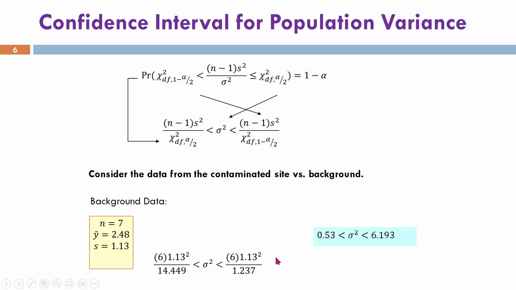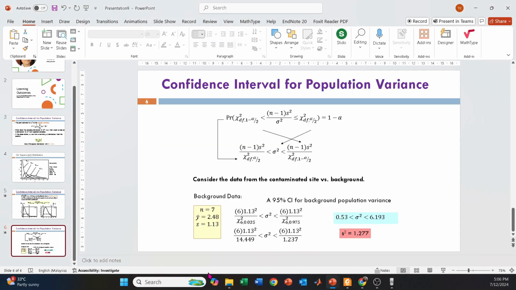The numerator for both lower confidence limit and upper confidence limit is the same. And then we need to read from the table. Degree of freedom, n is 7, so degree of freedom will be n minus 1, which is 6, and then alpha over 2.